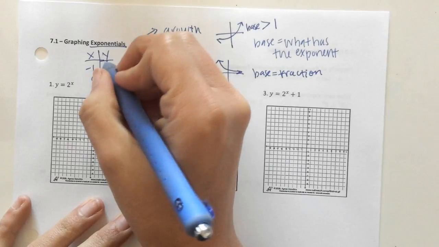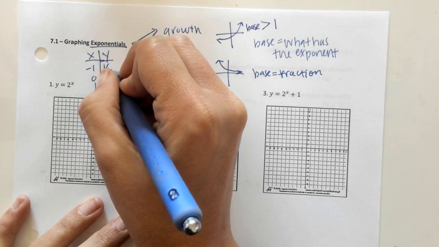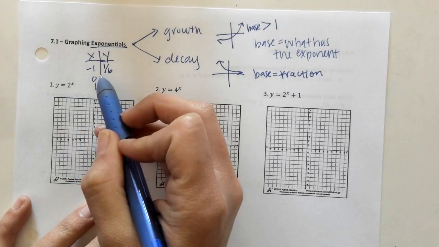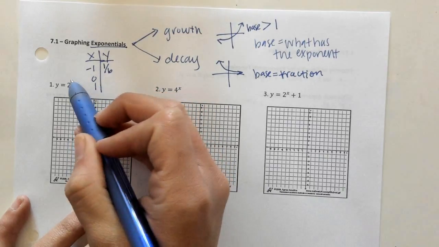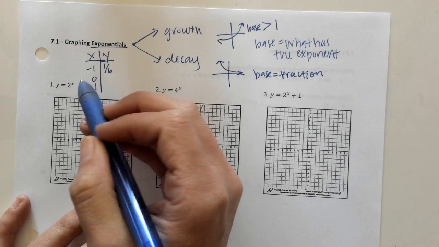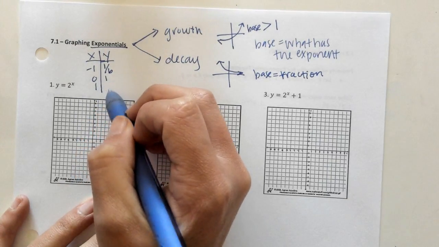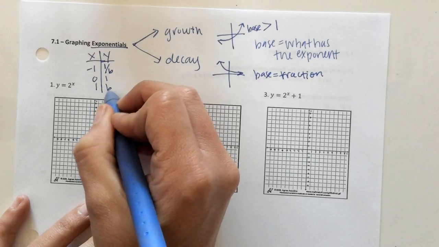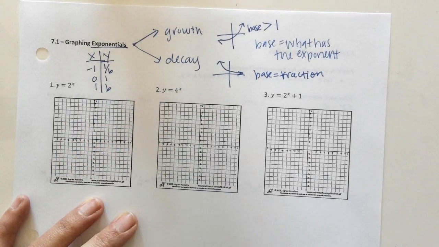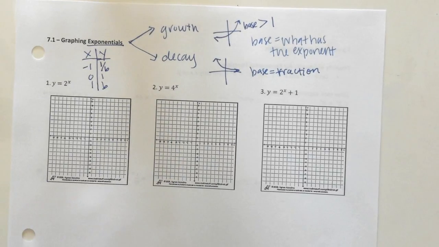Now, -1 is always going to be 1 over b. What does b stand for? Base. So like for this one, the y value for -1, it'd be 1 over what? 2, the base. Alright, 0 is always going to be 1, and 1 is always going to be just your base. So like for this, our y value would be what? 2. And that's it. That's all you got to do, and then graph those points.